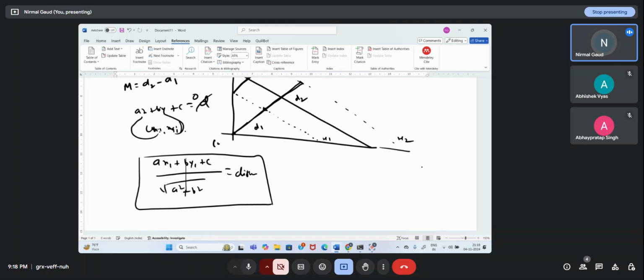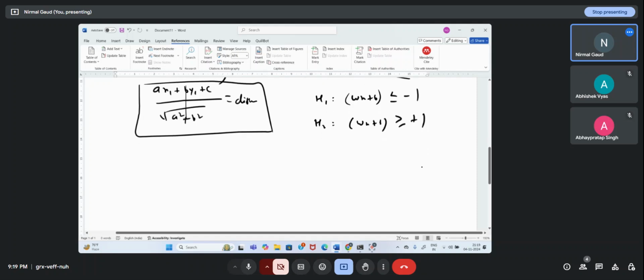Here the point is origin, and the equation of h1 is wx plus b less than equal to minus 1. Equation of h2 is wx plus b greater than equal to plus 1. Let me drop a perpendicular over them.